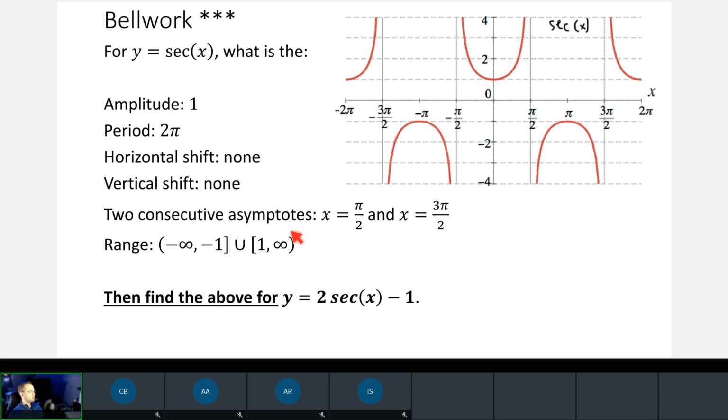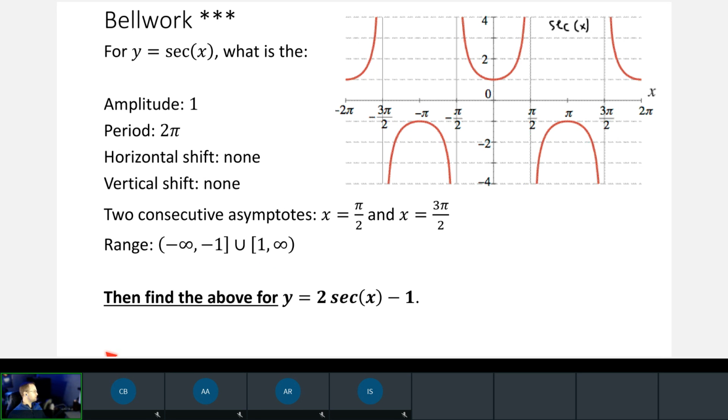And then +1, and then it goes to infinity. So that's why the range is what it is. It is important that all of you understand what this means and how to interpret it, whether you're looking at a graph like this or you're looking at the actual notation.